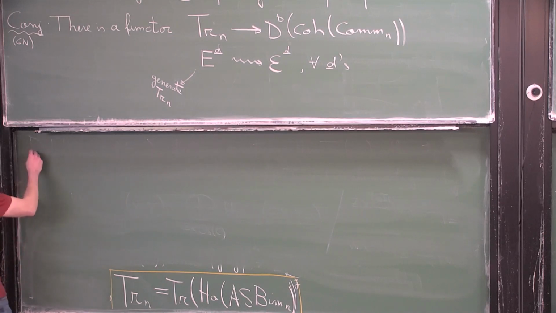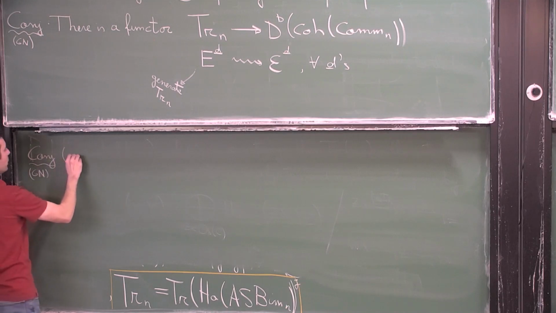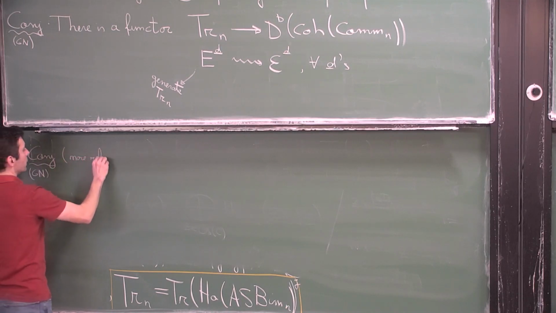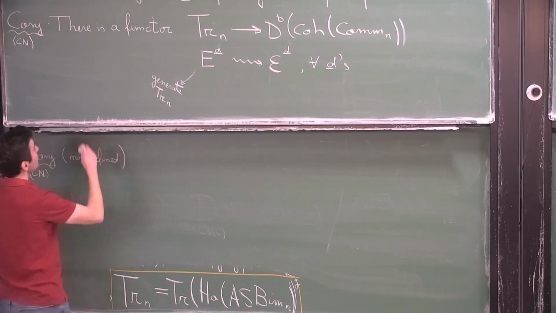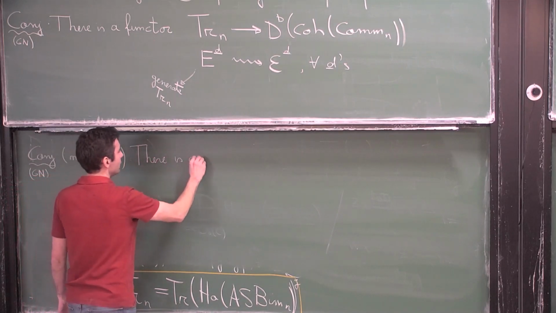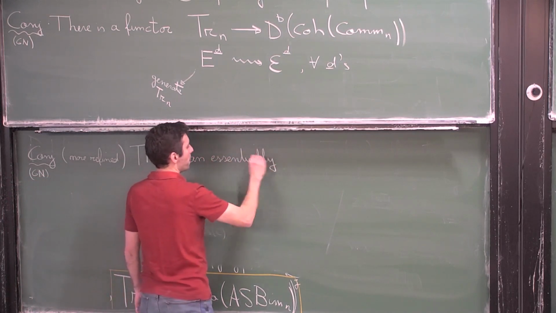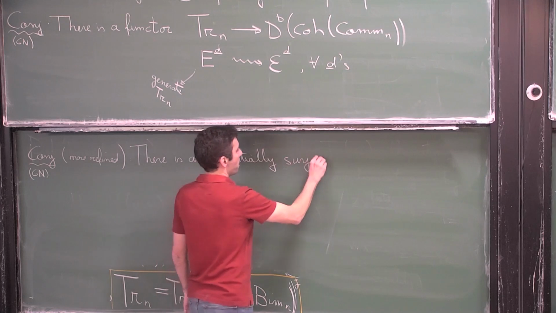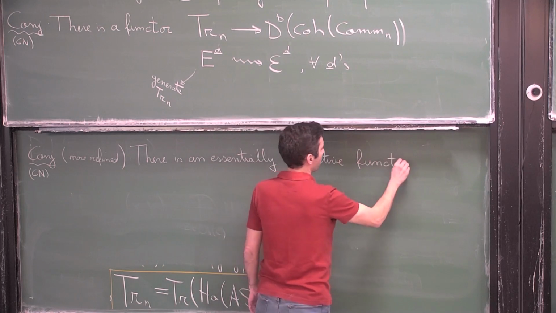So let me write here the slightly more refined conjecture we can make now. It turned out, and this is what we figured out a few months after this, that the right thing to hope for is that there is an essentially surjective functor, so this should take care of Alexei's question.